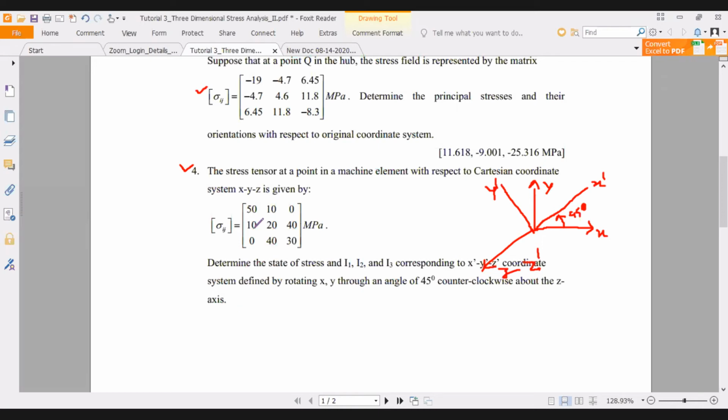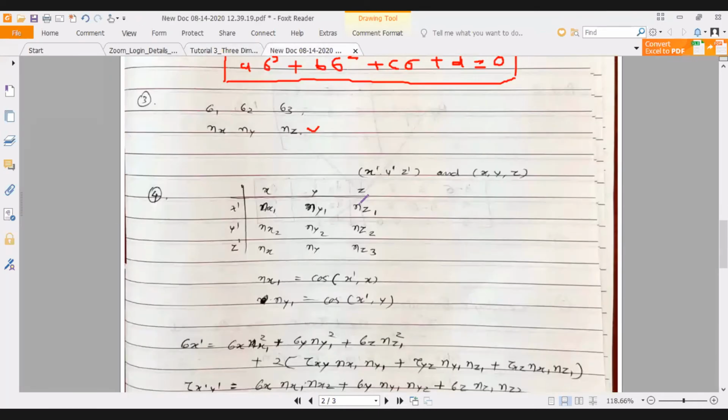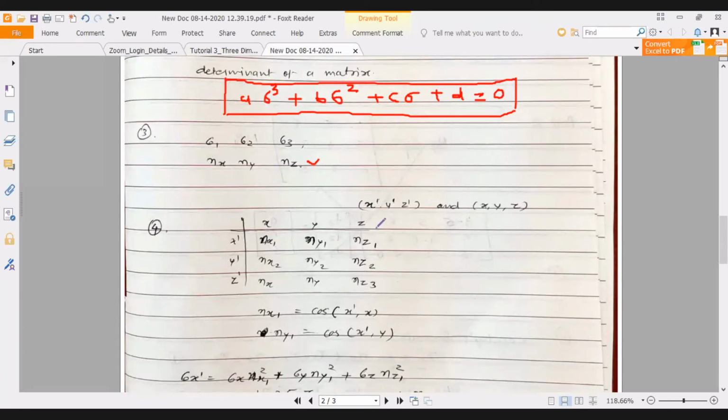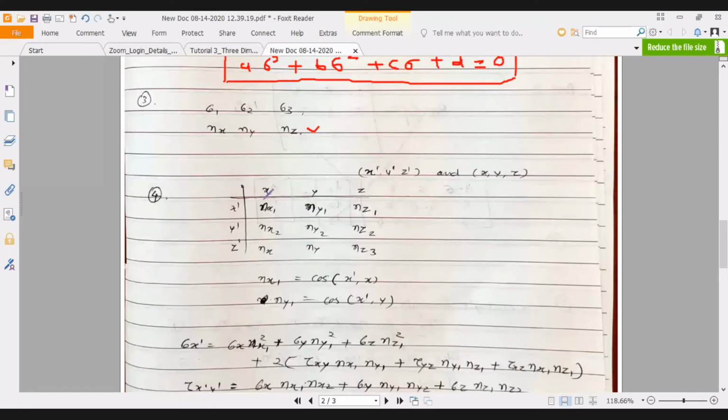So to solve such a problem, you need to draw a table, something like this. These two coordinate systems are related by the direction cosines only.